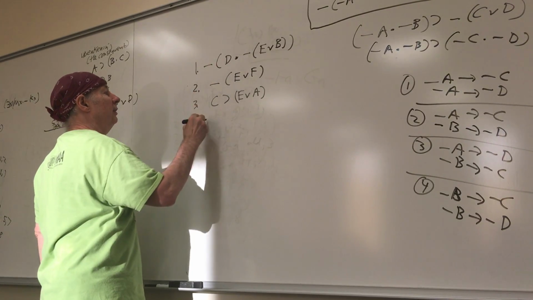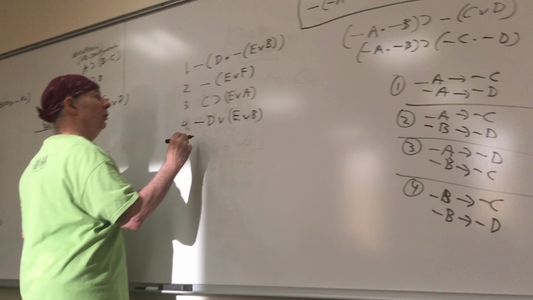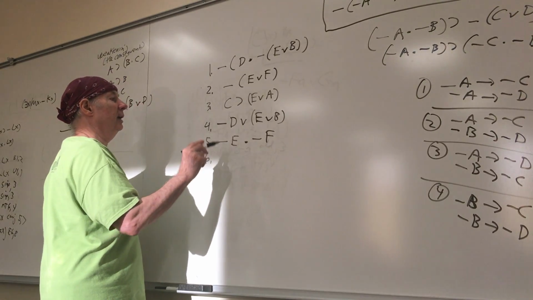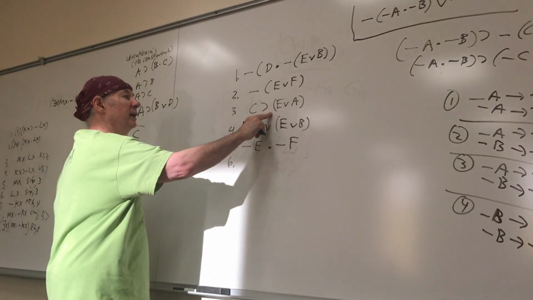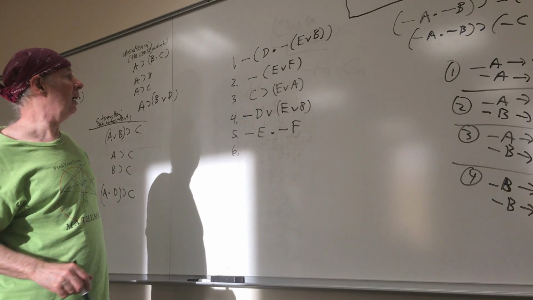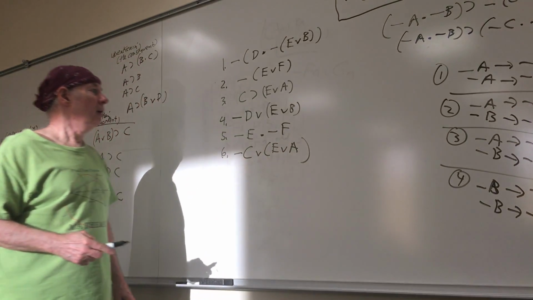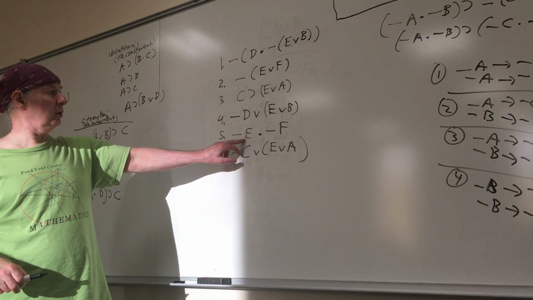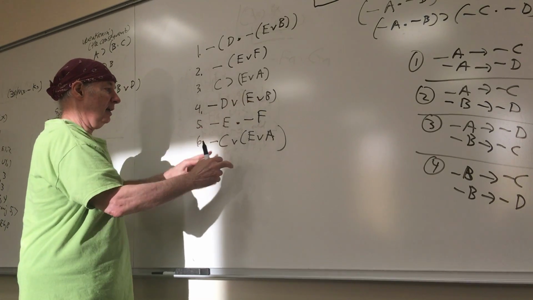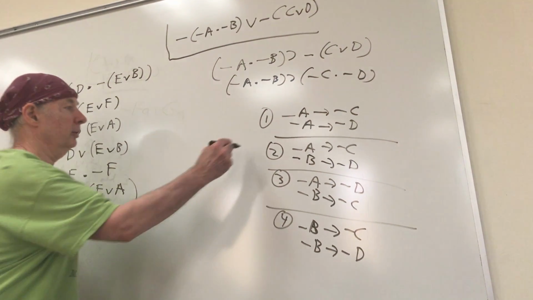So here we have not D, wedge, E, or B. Here we have squiggle E and squiggle F. And here we have, well, we have a connection between C, E, or A. So notice, if we do DS, we connect D with B, and if we do DS, we connect C with A. Possibility number 2.